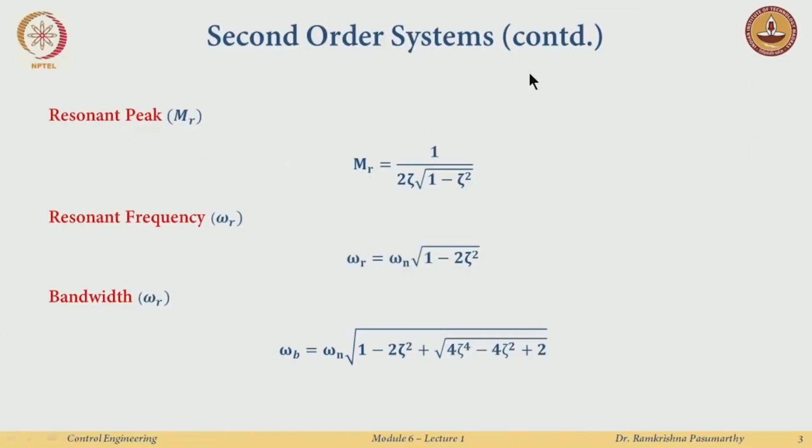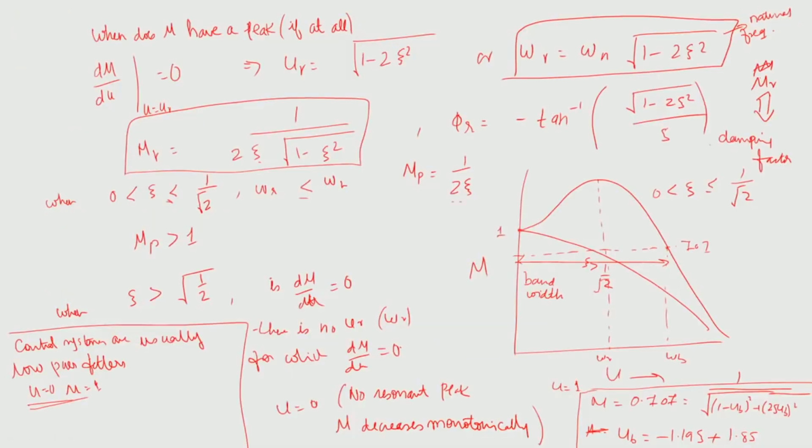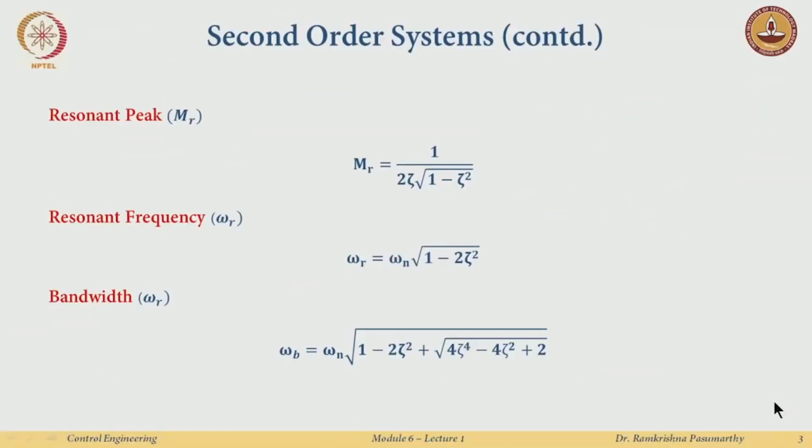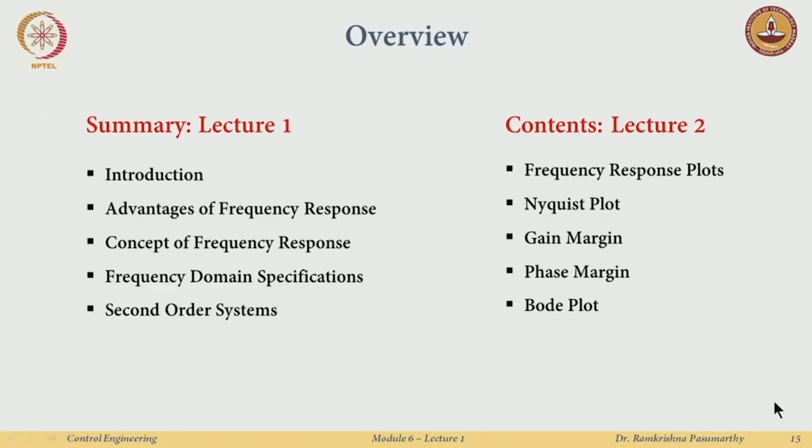Okay. So, just to summarize, this is the resonant peak, this is the resonant frequency, and the bandwidth equivalently could be computed this way. I will skip this computation, but it is not really difficult to find out just by looking at a formula like this. Okay. So, we just introduced ourselves to the concept of frequency response.